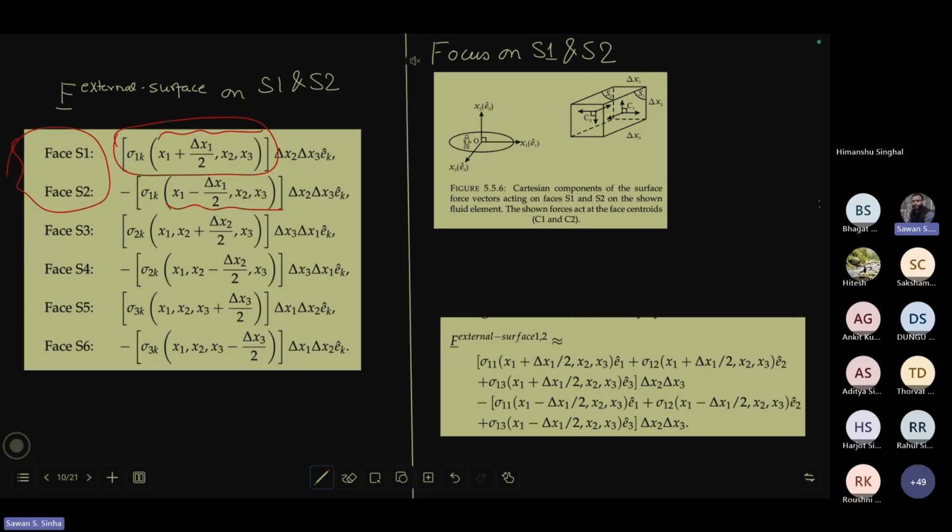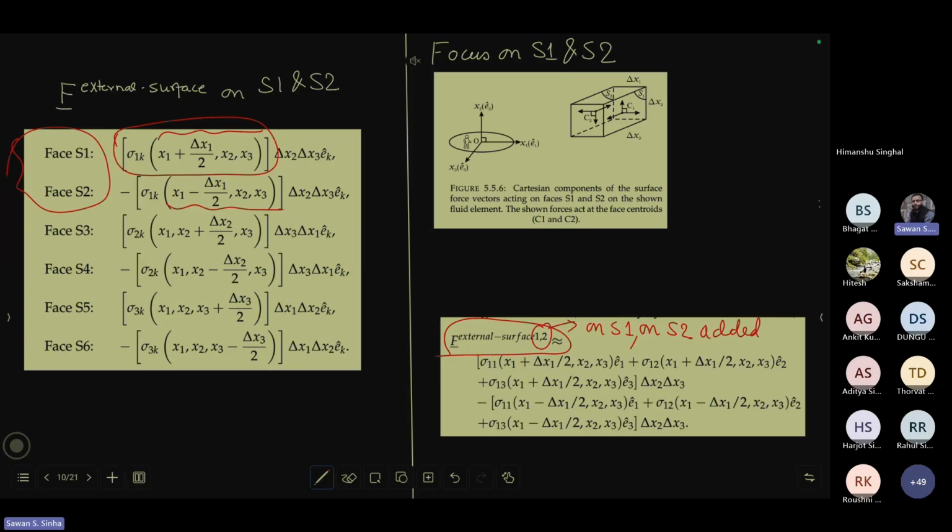Same thing happened when I derived the differential form of RTT. I considered S1 and S2 together, few things get cancelled out. Same thing I am doing here. I am trying to find an expression for F external surface, 1 and 2 combined. This 1, 2 means on S1 and on S2 combined, added with appropriate signs.